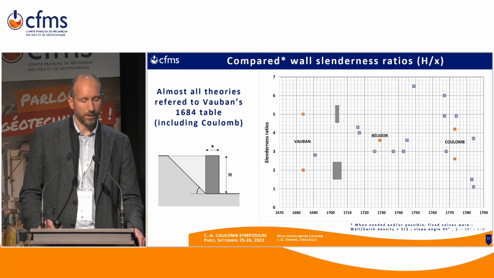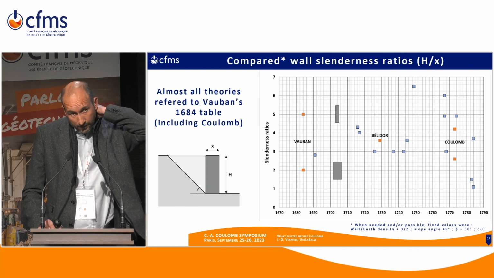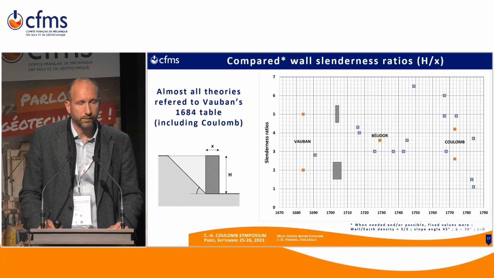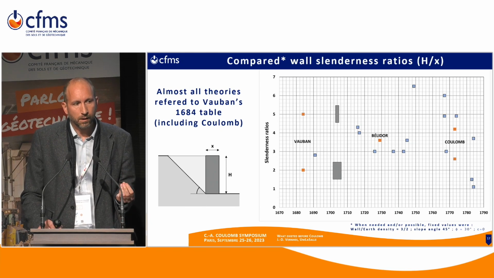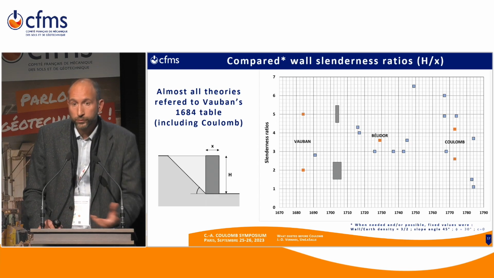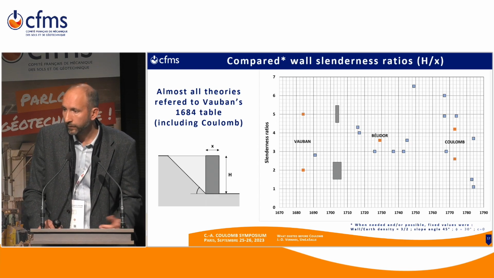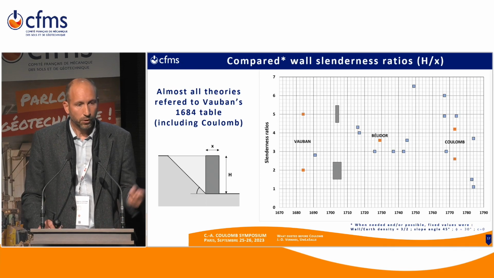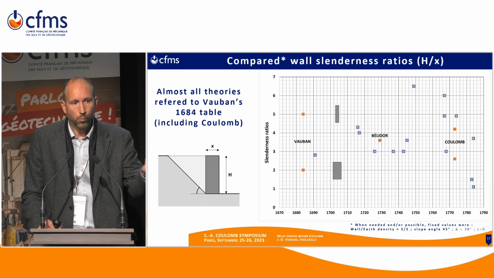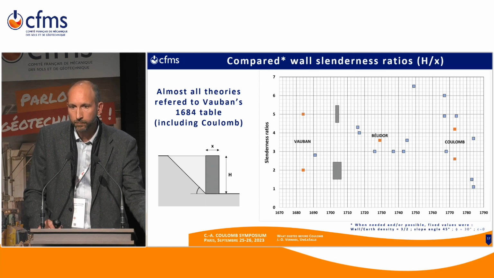There is another aspect here that we can see, is that you have at least 5 parameters behind all these theories, and every parameter is quite hard to determine. There is uncertainty. Also, they have to stand for all the soils, knowing all the variety of the soils in general. So you see that it was very difficult at the time to use Vauban's result to ascertain that one of these theories was the right one.